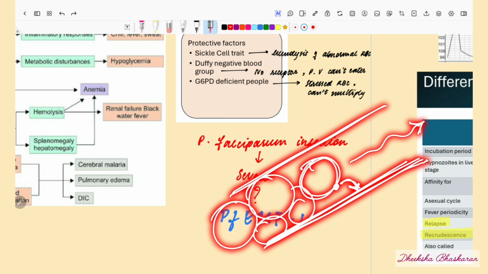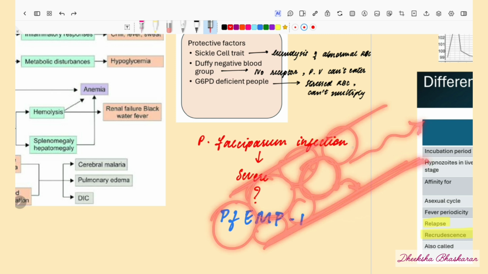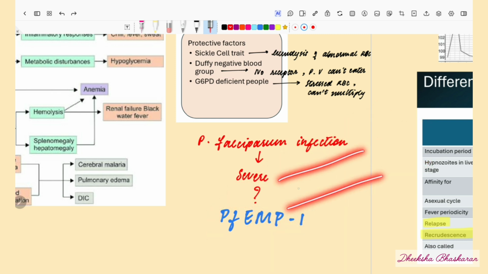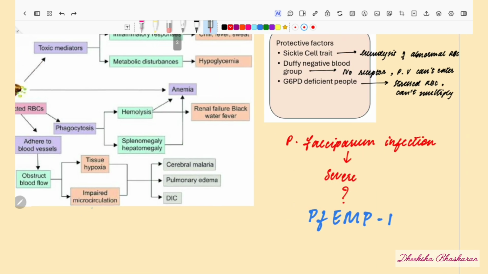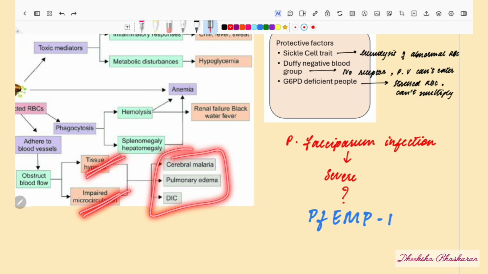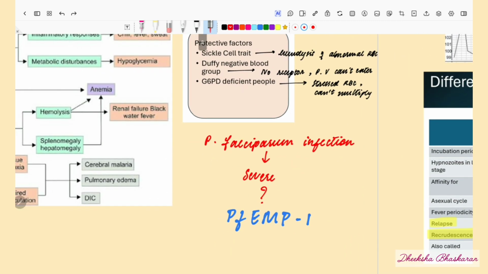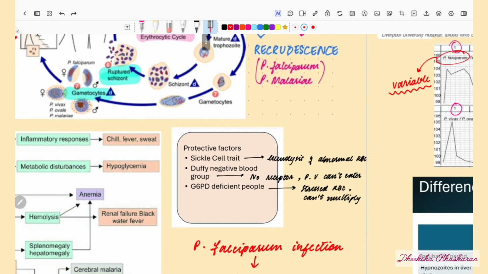So there's more RBCs which are getting adhered to the blood vessel, and there's blockage of all the vessels with the RBCs, and essentially this causes microvascular circulation impairment and tissue hypoxia. So that's why the end organ damage what we talk about. So that is responsible for the severe form of malaria in Plasmodium falciparum.